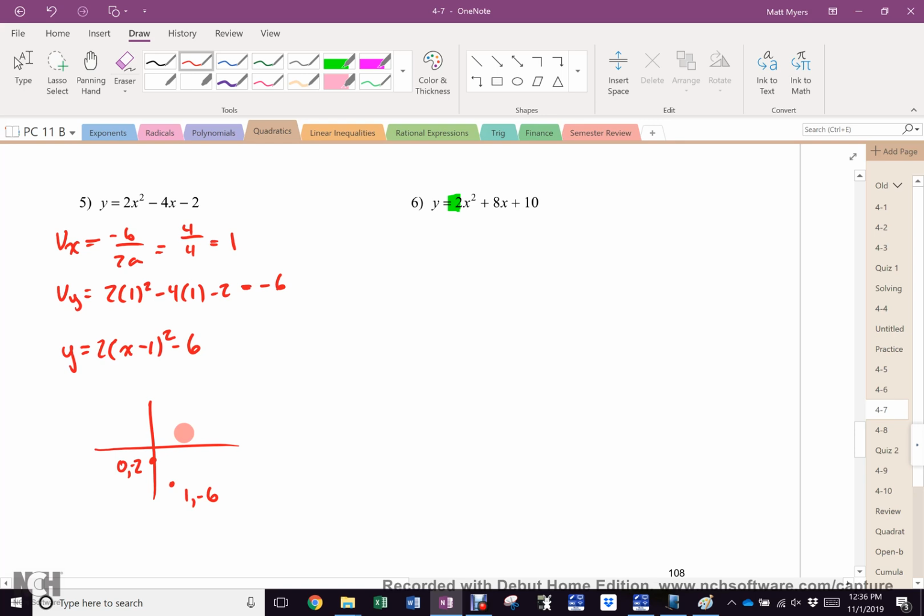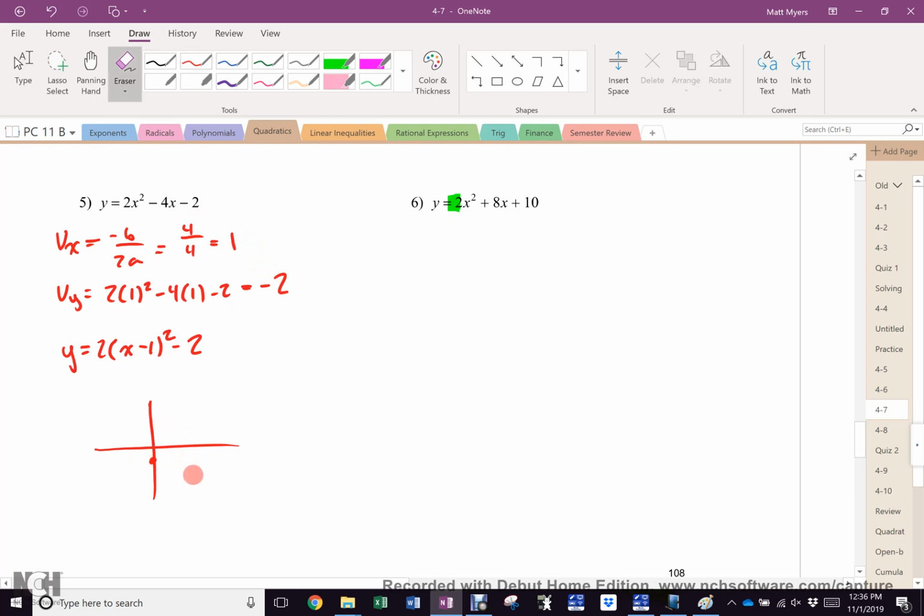2 squared is 4 minus 4 minus 4 is 0 minus 2. This is minus 2. Thank you. Minus 2. See, Preston? No problem. So that is 1, negative 2. And my y-intercept is negative 2.